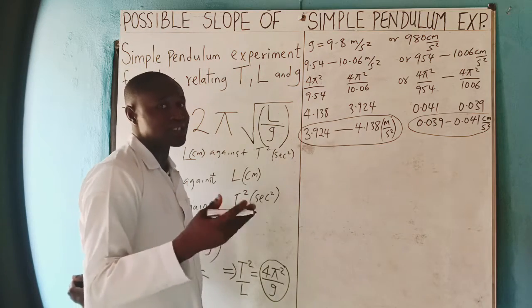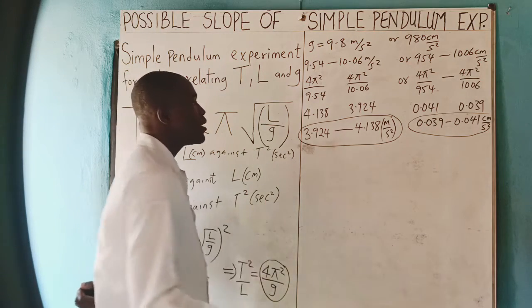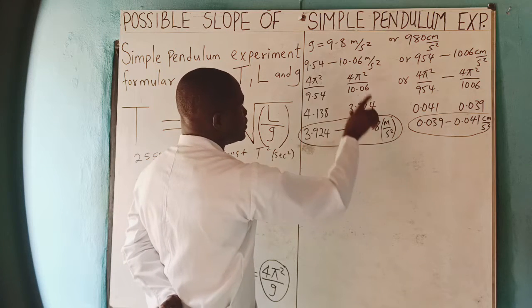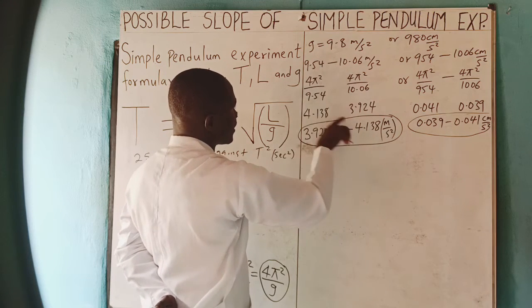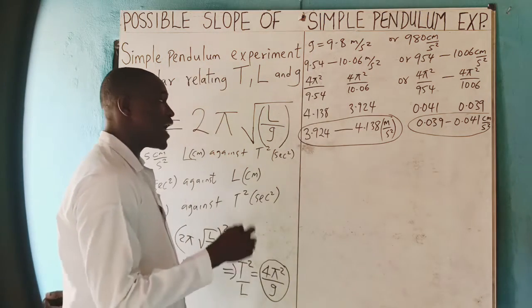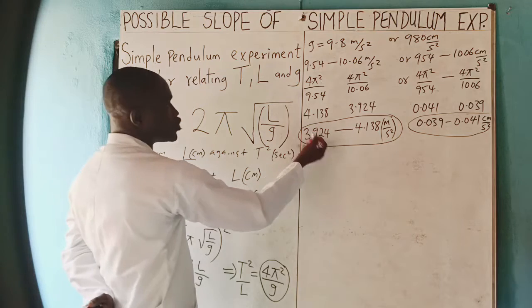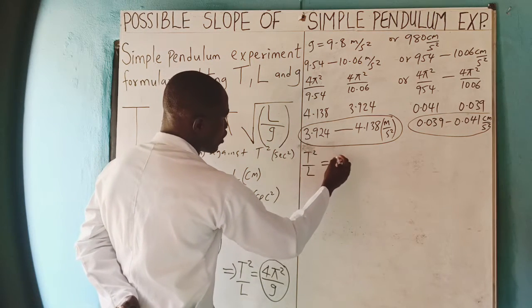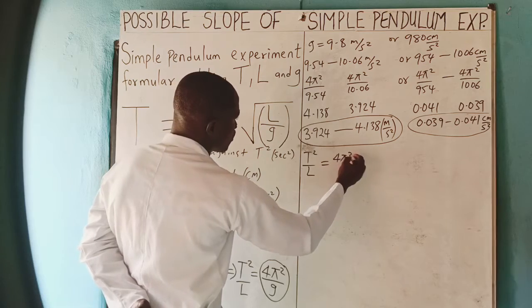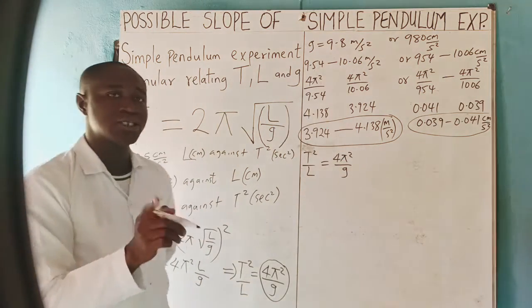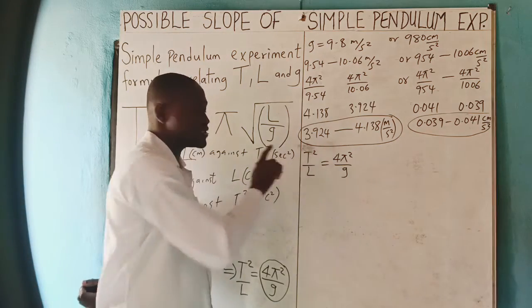Then if you are getting 4.138, your G automatically is 9.54. So if you are able to get your slope, since your slope is 4 pi square over G when you are plotting a graph of T square against L.